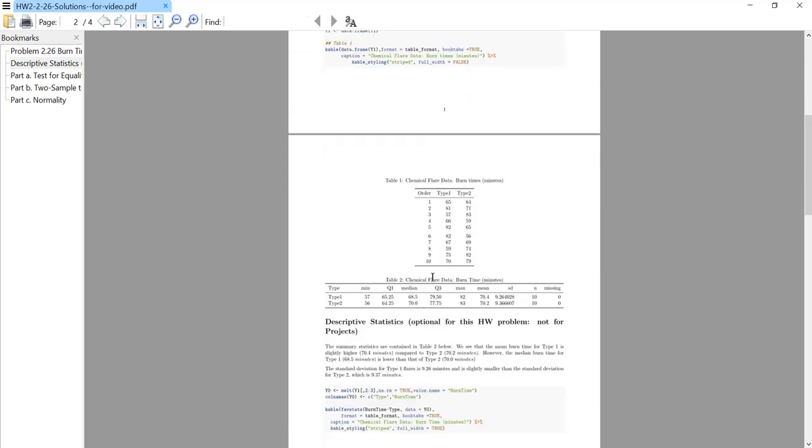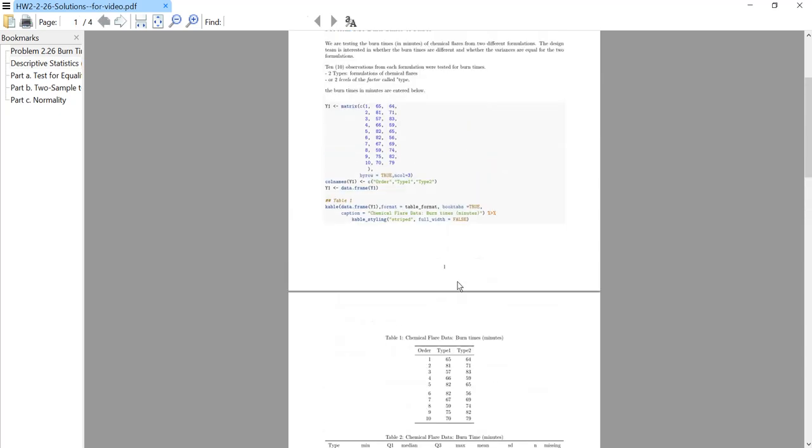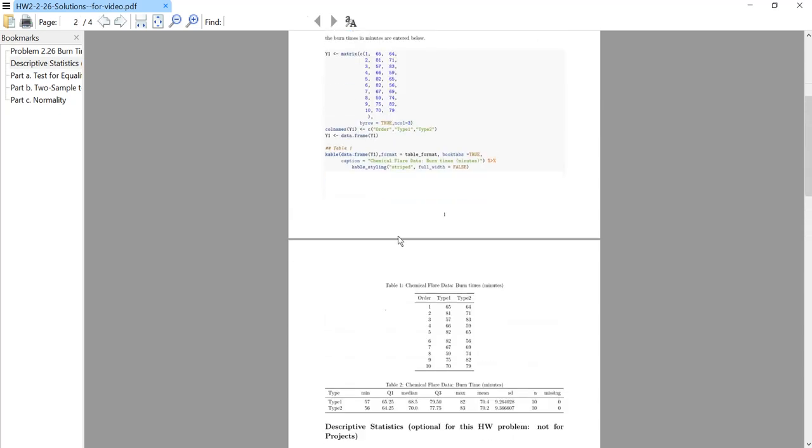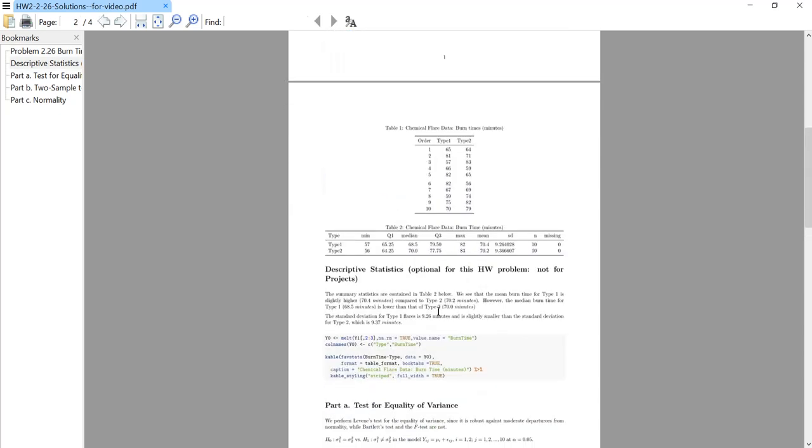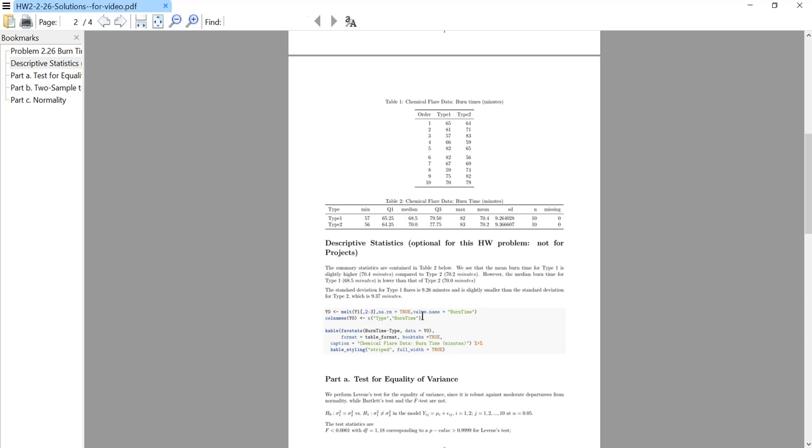So here I have the two tables together, which is fine to me, even though I didn't really want them crammed up together. I'd rather have the table down here with descriptive statistics, but that's one of the things about LaTeX. There is a way to do it, but it's a pain.